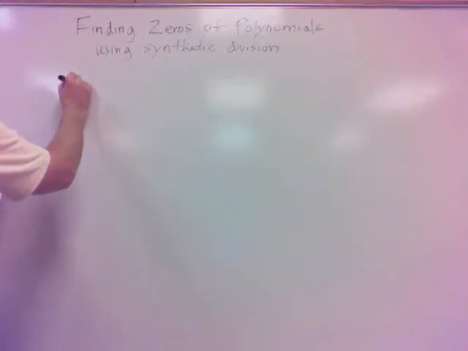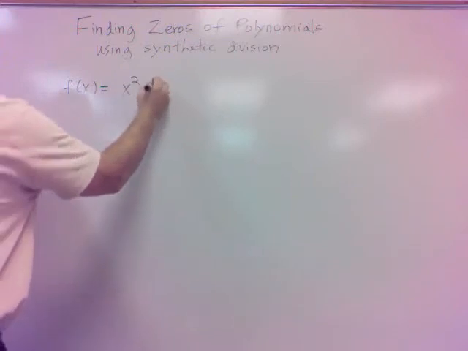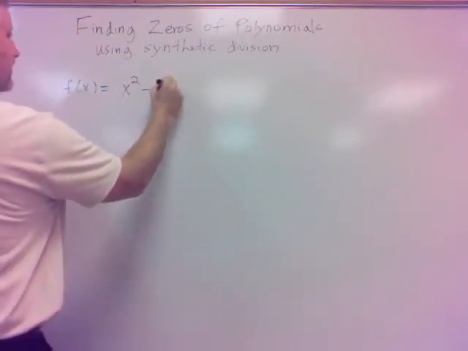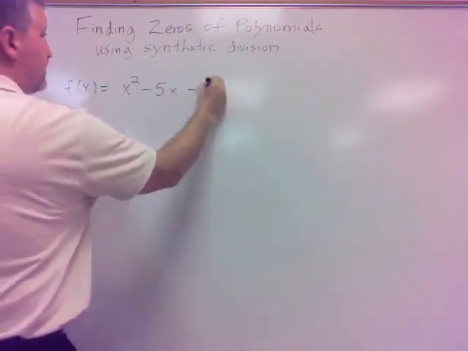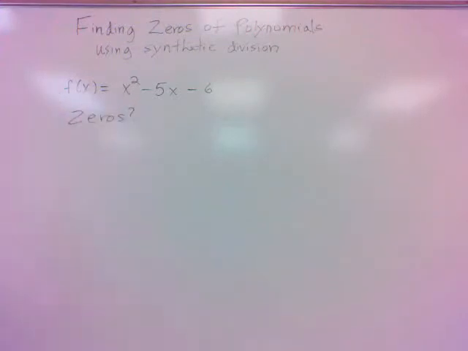Well, let's just start with one previously shown. One like this anyway. If I'm wanting to find the zeros of that, by zeros I mean where f of x equals 0, right?